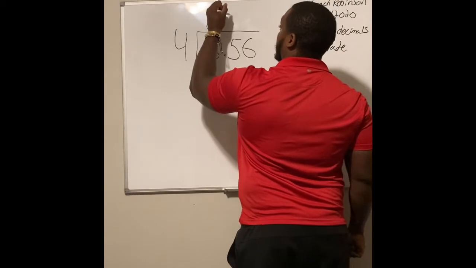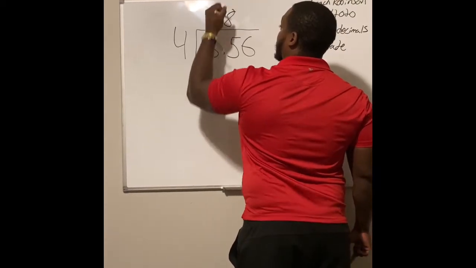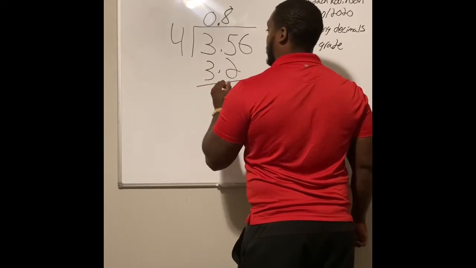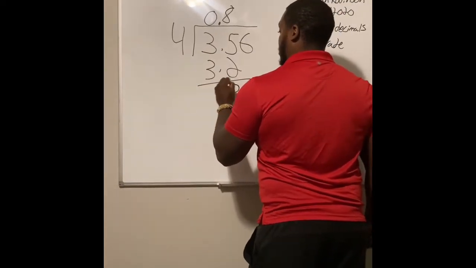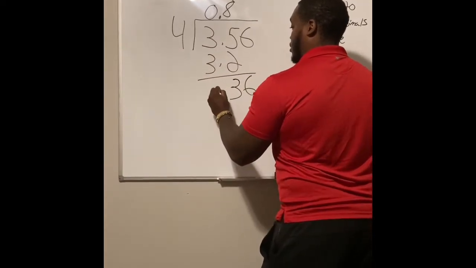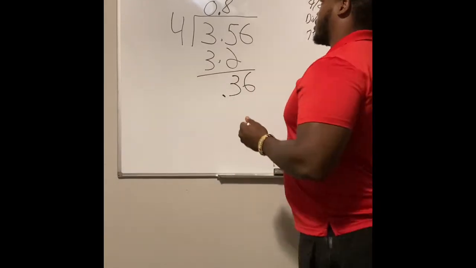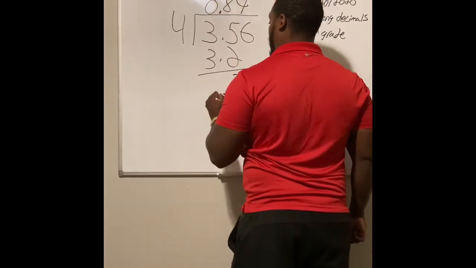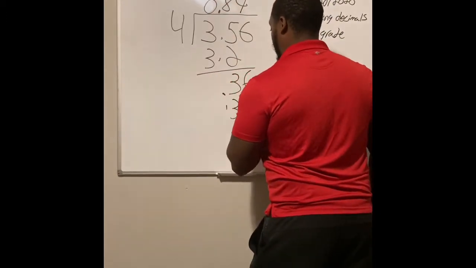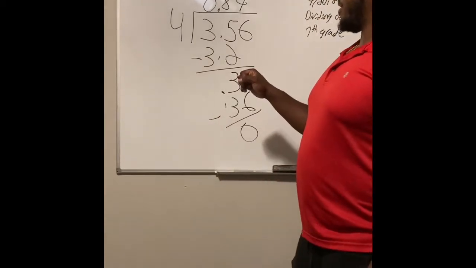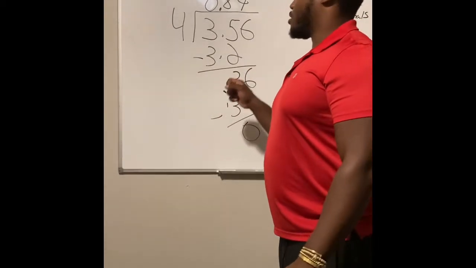So that's the closest we can get without going over. So add our 8 here, 32, okay. This turns into 36, and 9 times 4 is 36. The remainder is 0. So 3.56 divided by 4 is 0.89.